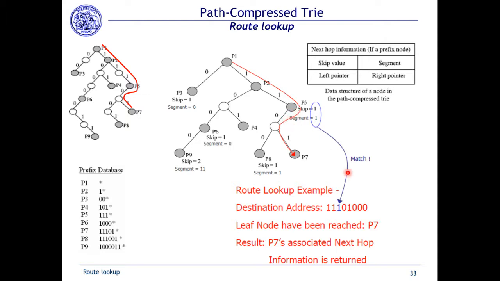So then we have a 0, we go here, and the 1, and finally we get to P7. Okay. P7 is the solution, and it's exactly the same solution that you find, of course, in the original uncompressed binary trie. Let's look at another example.